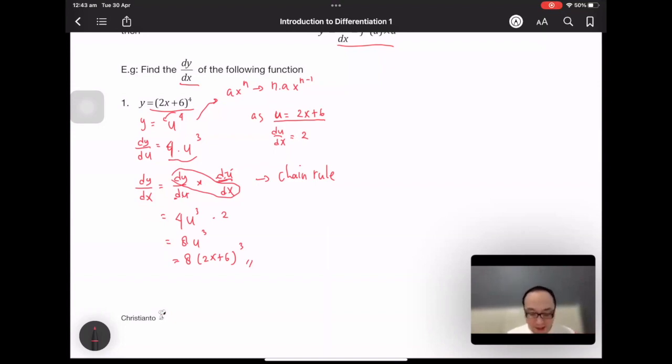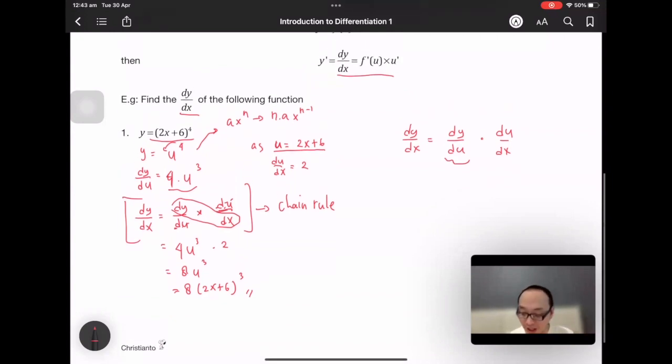So this is the chain rule that you have to remember. The dy over dx can be found by dy over du times du over dx. The first part is the derivative of function u, so I can rewrite this as f prime u.